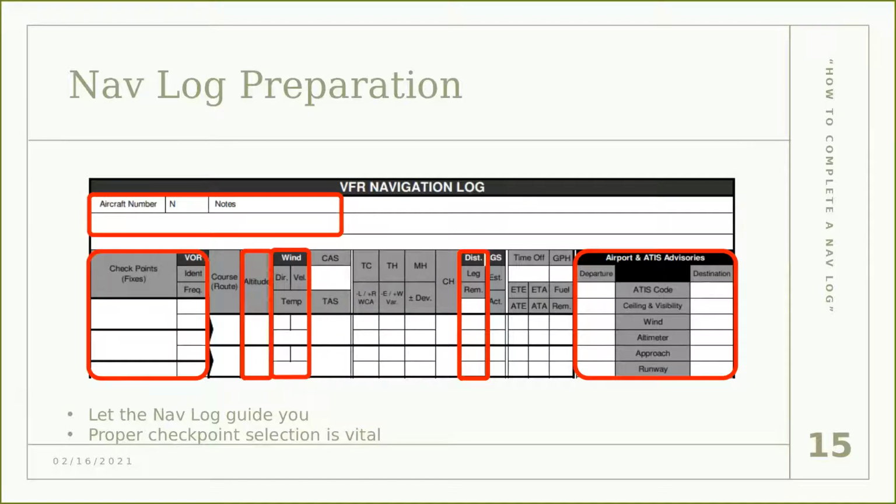Choose your altitude. If you are flying towards Lyman on a VFR cross country, what altitude should you be flying at? Anybody? You are tested on this, by the way. No?